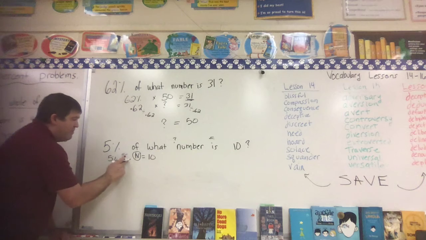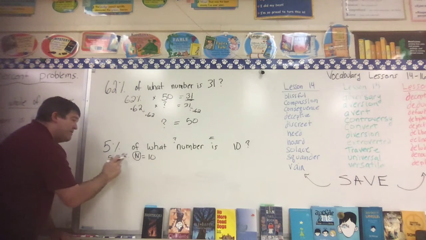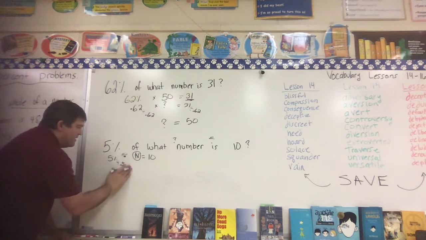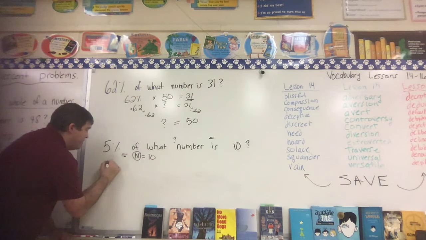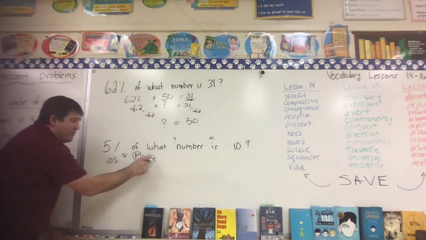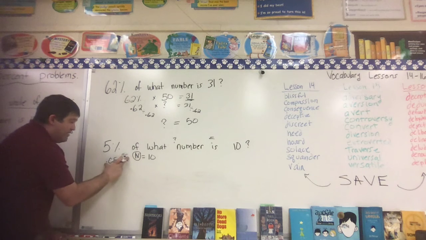Now I have to do the opposite to get n all by itself. Instead of times 5%, I divide it by 5%. But again, I want to make this into a decimal. And 5%, we know our chart, you move it over to 0.05. So 0.05 times n equals 10. I want to get rid of this part here.